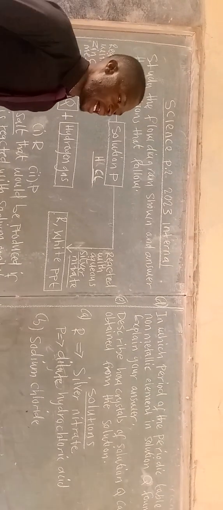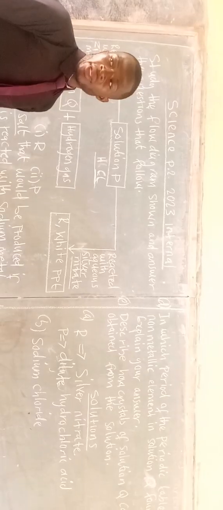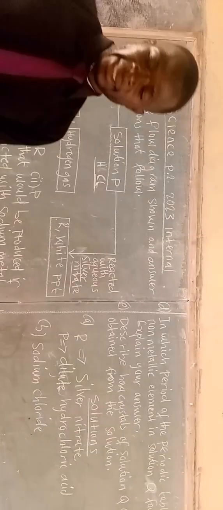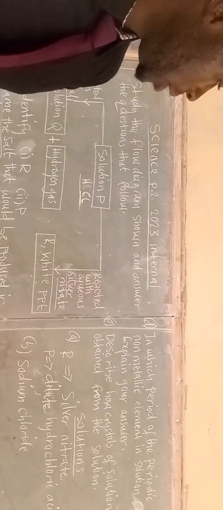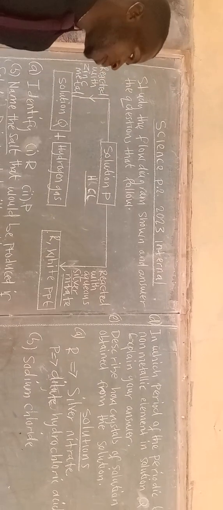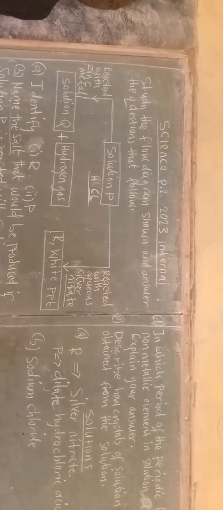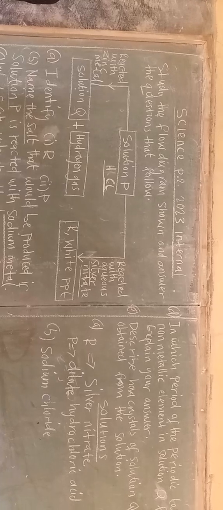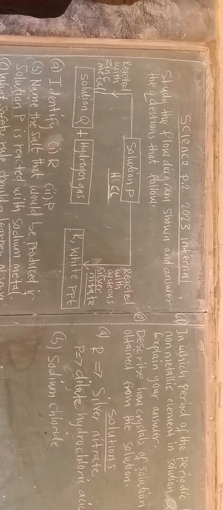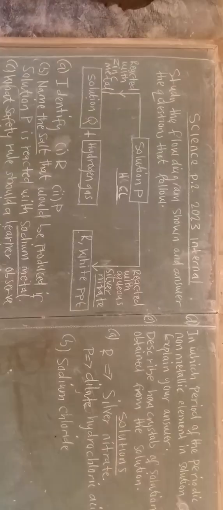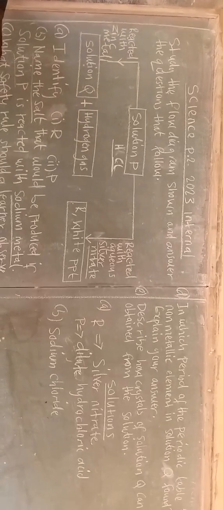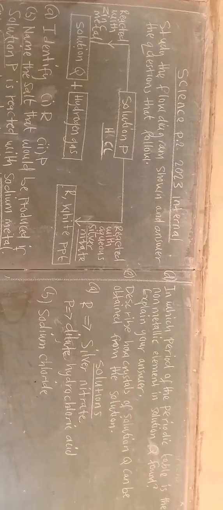Acids are corrosive. So in order to protect ourselves from the corrosive acids, we need to wear protective gloves. So that's the answer. The learner should wear protective gloves or PPE.